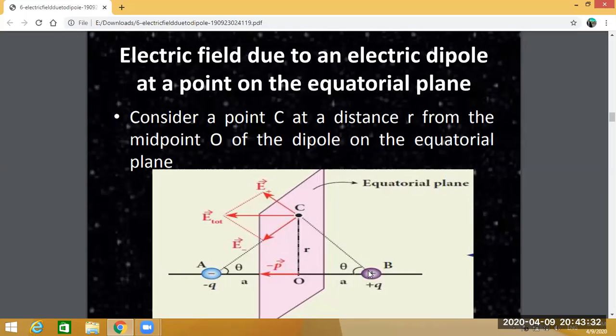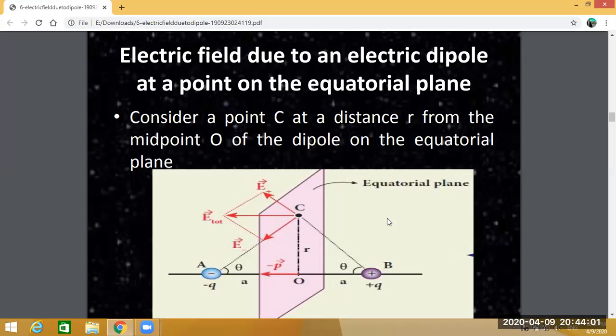As for example, here, look, this is an electric dipole with negative charge situated at point A and with positive charge at point B. And this O is the midpoint of AB. So we draw an imaginary line perpendicular to line AB. This perpendicular line gives you the equatorial line.